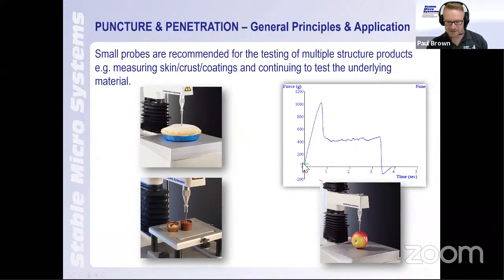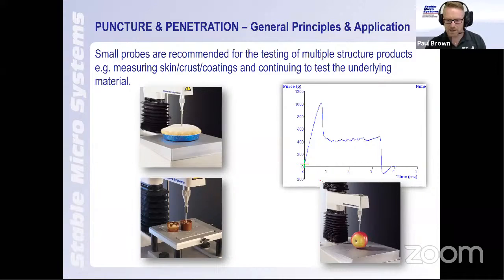As the puncture penetration increases in force, this we would call the skin. So this is the outer layer of the product. This is the force required to penetrate the skin of an apple, and then it reduces in force and we get more of a flat line through the center of the apple. So we could call that the flesh part.